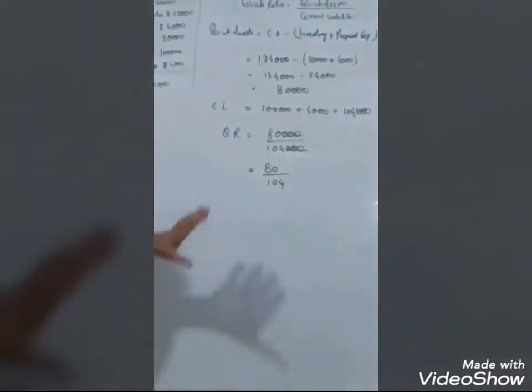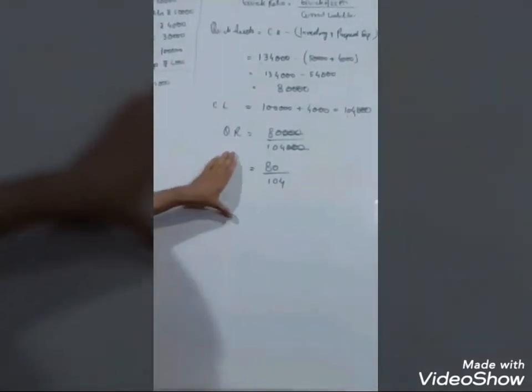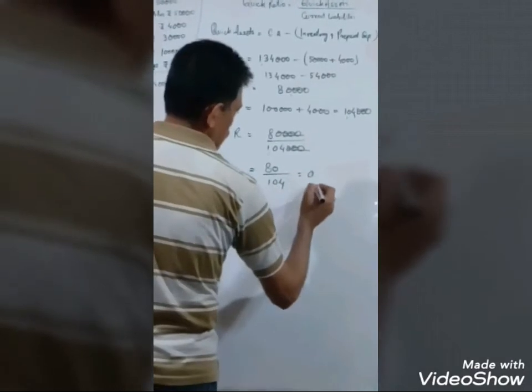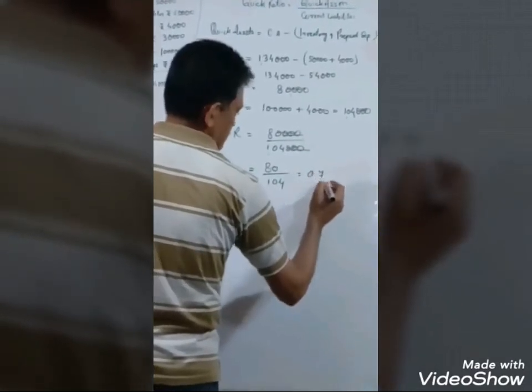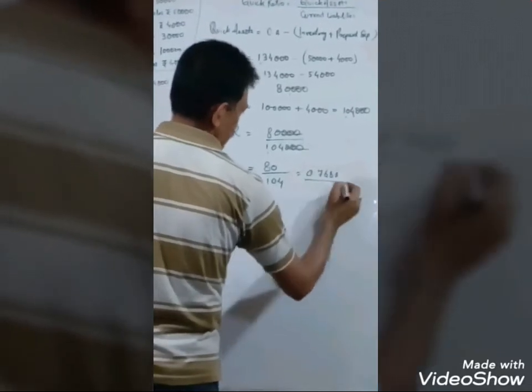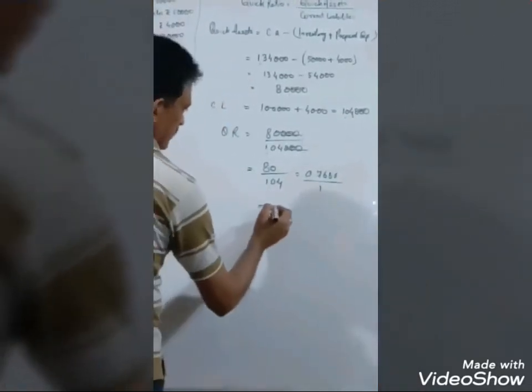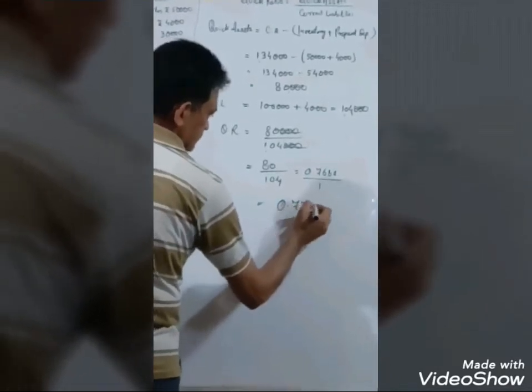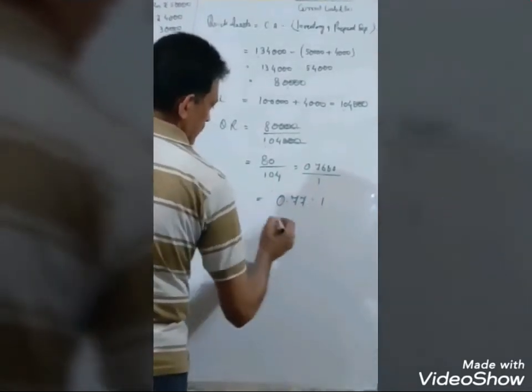Again we have to divide 80 by 104, then we will get 0.7688. It will go on. We will round it up, 0.77 ratio 1.